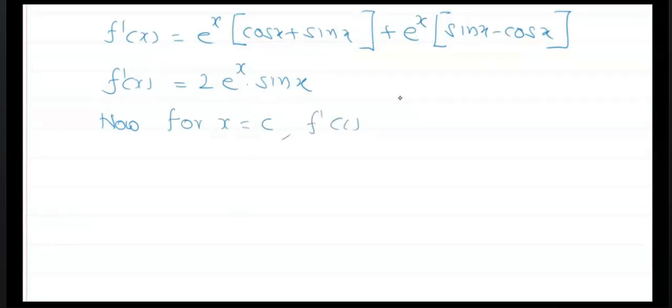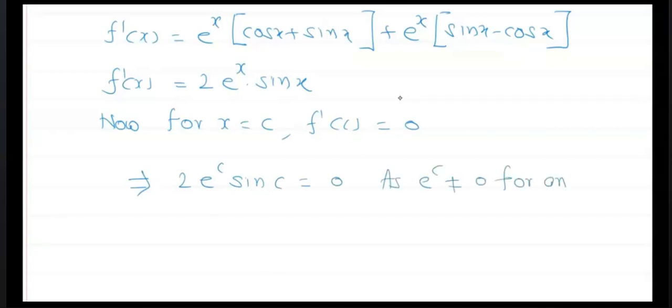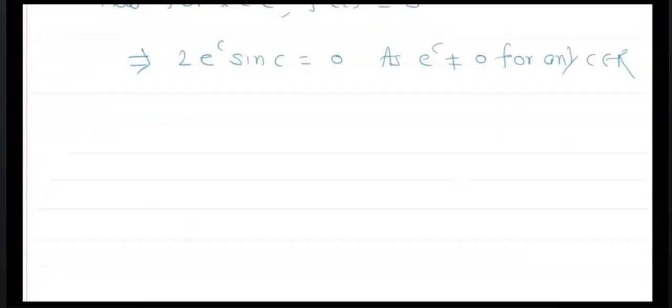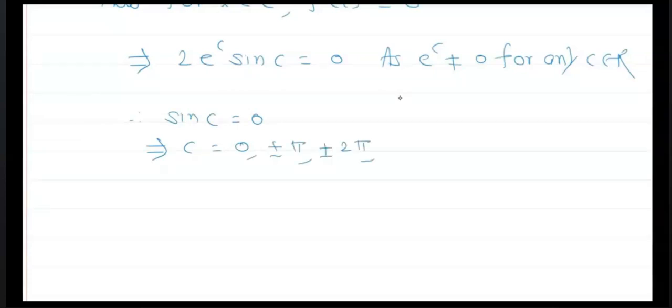For x is equal to c, f dash of c is equal to 0. That is, 2 e raised to c sin c is equal to 0. As e raised to c is not equal to 0 for any value, that is c belongs to R, therefore sin of c is equal to 0. Then, for what values is sin c 0?